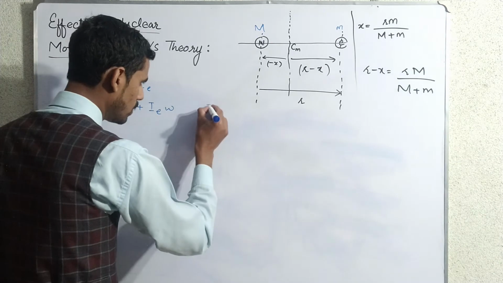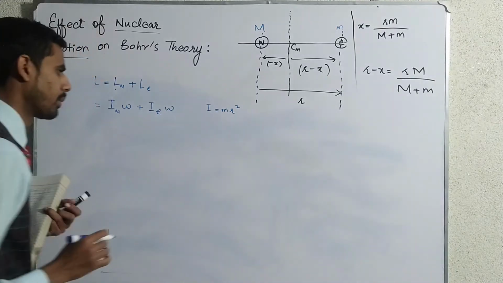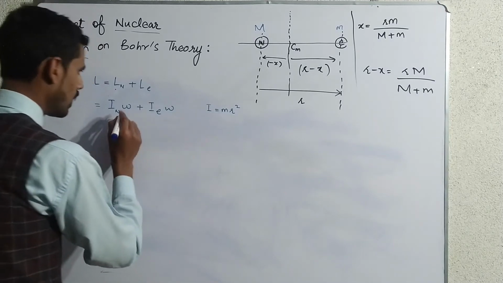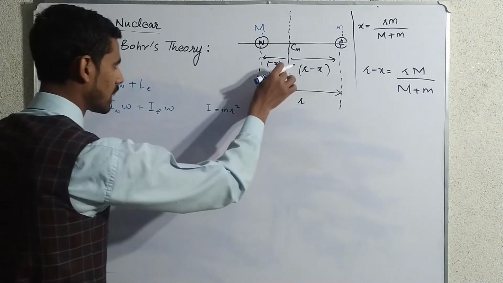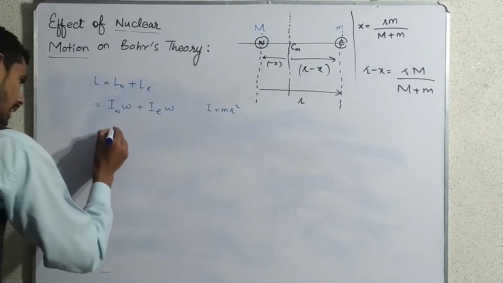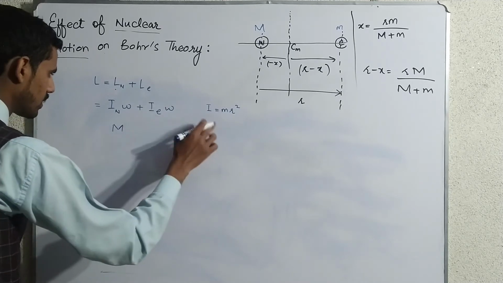I equals mr square, and for the nucleus it is x square m, as I equals mr square.